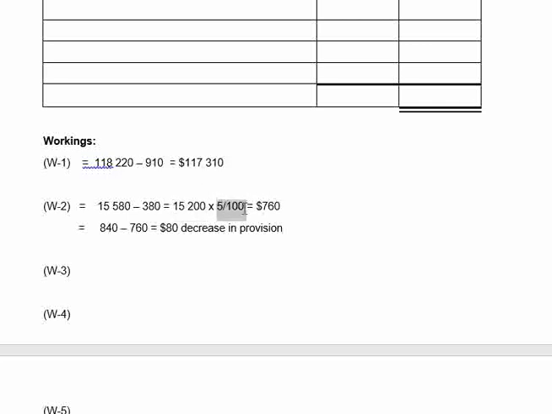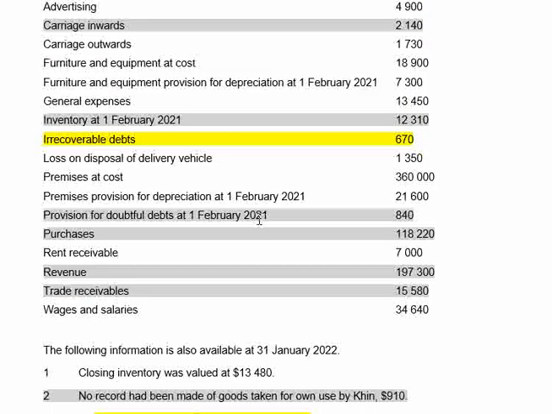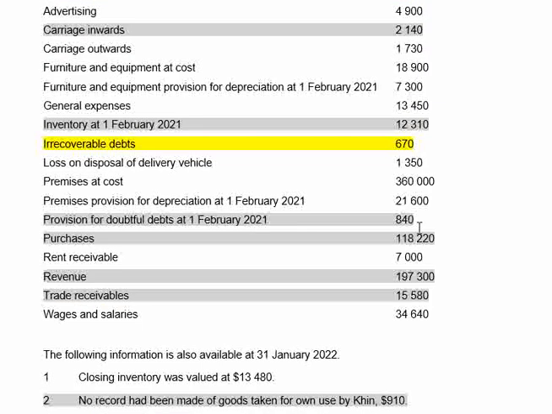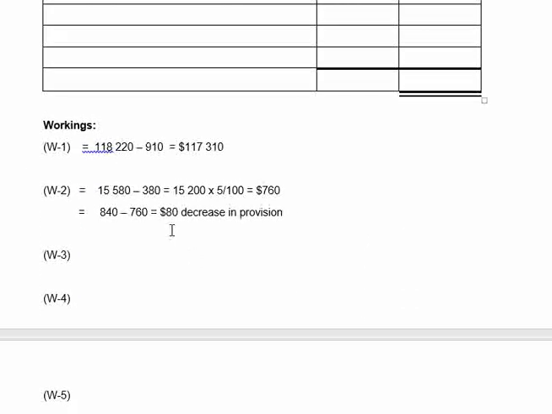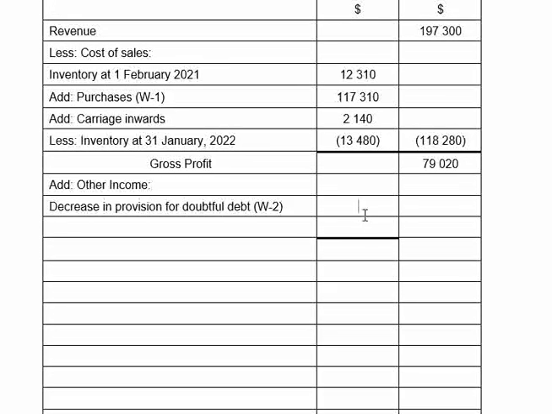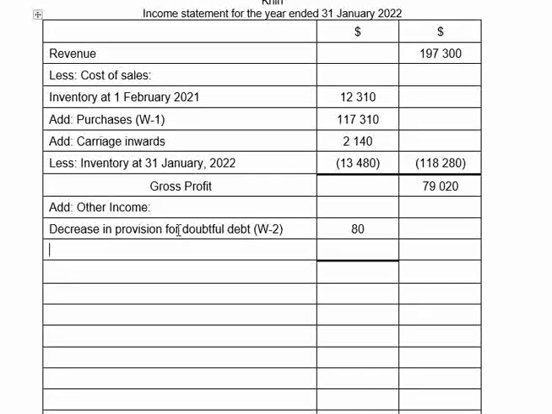Then I took 5% of that and found the provision, 760, at the end of the year. Then I found the provision at start of the year, 840. After subtracting, I understand that the provision has decreased by $80. So the decrease in provision is my other income. I will take it in the other income part.